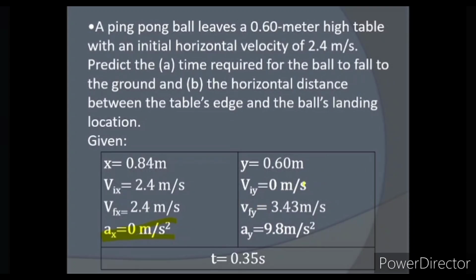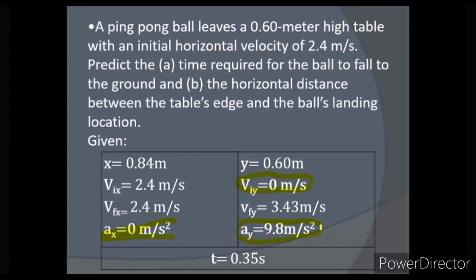Next, the initial velocity for vertical component, that is 0 meter per second. Laging 0 yan. And then ang ating acceleration sa ating vertical component, that is 9.8 meter per second squared. Unahin natin yung mga constant para hindi tayo mahirapan or hindi tayo malito.